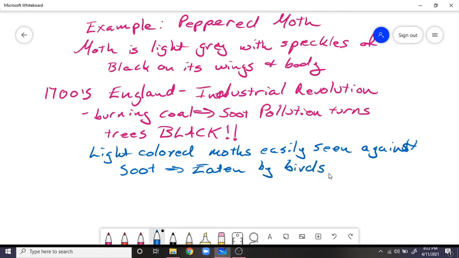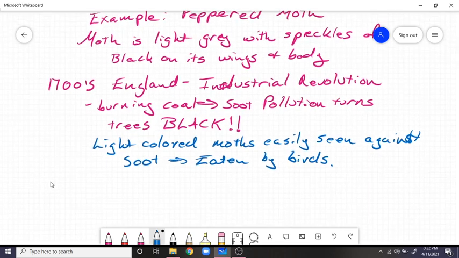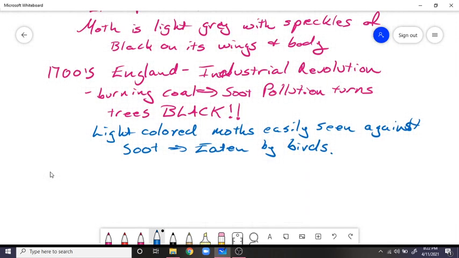And you would think that this would be the end of the peppered moth. However, because of natural variation that occurs within the population shifts to black colored moths.